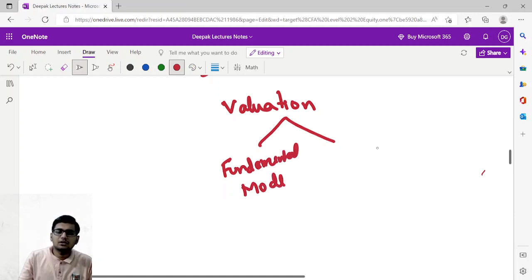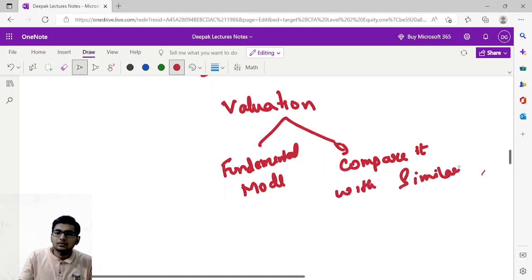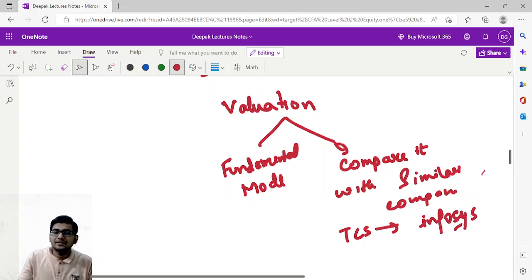One is the dividend discount model, and another one is to compare it with similar companies. Clear? Means if I want to find out the value of TCS, I'll compare it with Infosys. Clear? And then accordingly I'll adjust for the beta and other relevant factors.